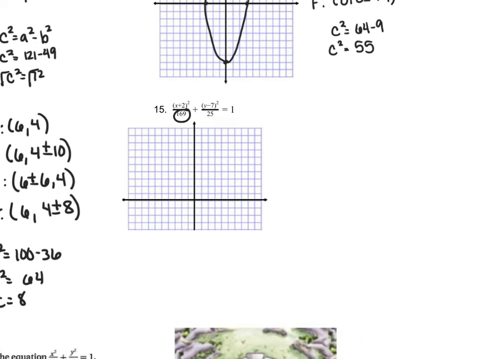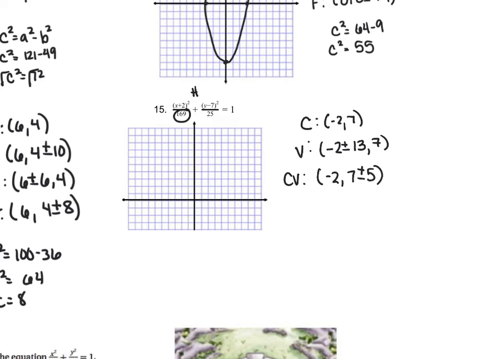So this is going to be a horizontal. So my center is at negative 2, 7. My vertices are negative 2 plus or minus 13, comma k, which is 7. My co-vertices are at h, which is negative 2, comma k, which is 7, plus or minus my b of 5.